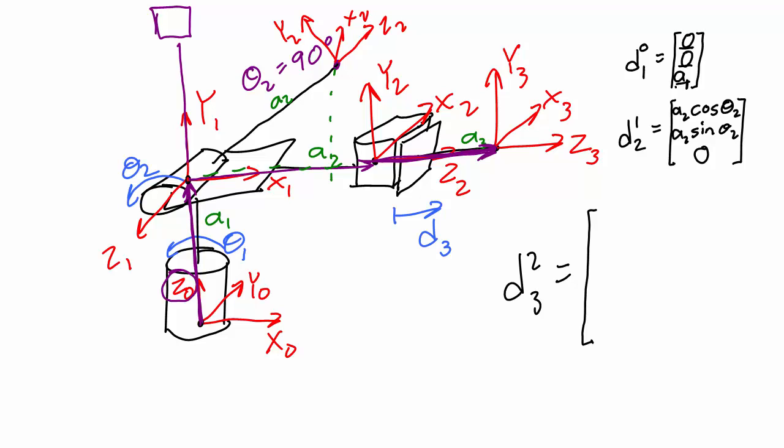It will be true no matter what the value is for d3. When d3 becomes non-zero, frame 3 will slide to the right entirely in the z2 direction. No matter what value we set for d3, there will never be any displacement between these two frames in the x direction or in the y direction. So for this displacement vector, we can fill in 0 for the x and the y values.